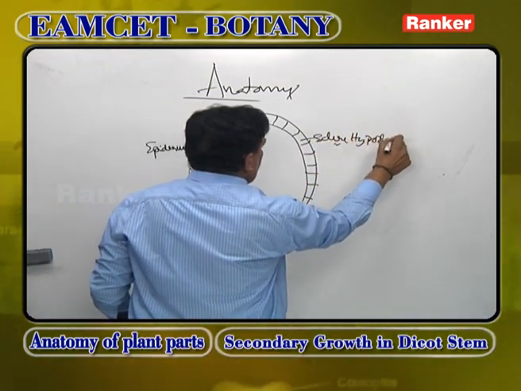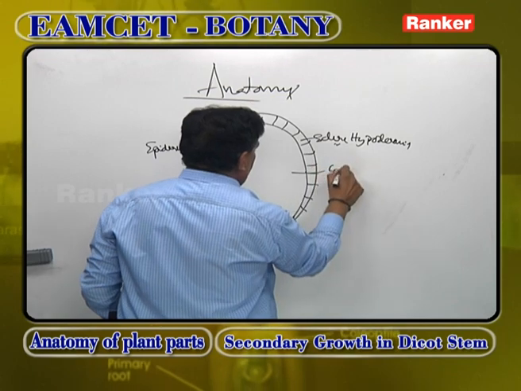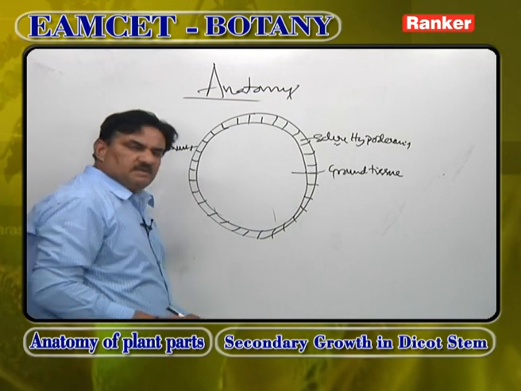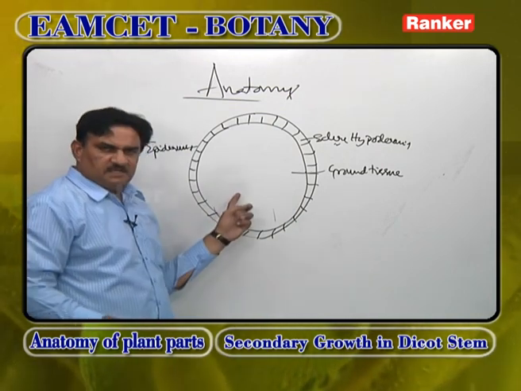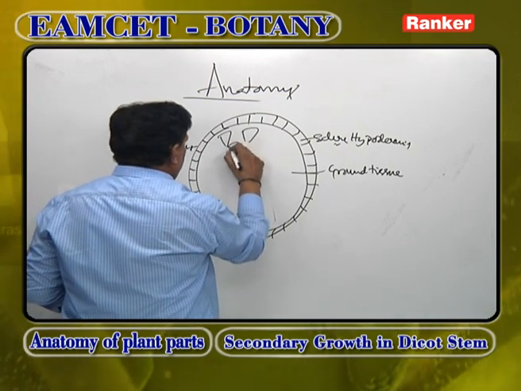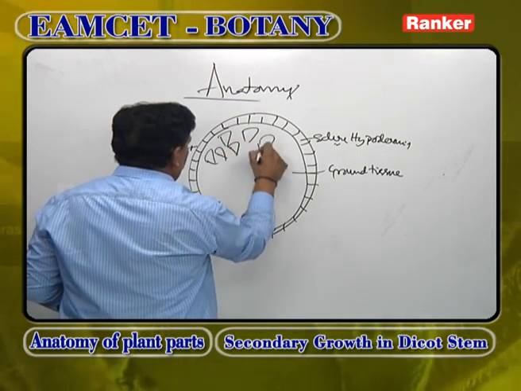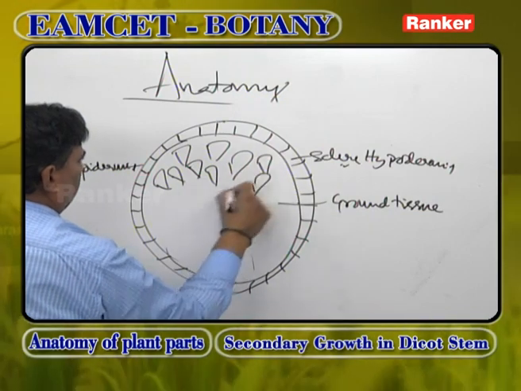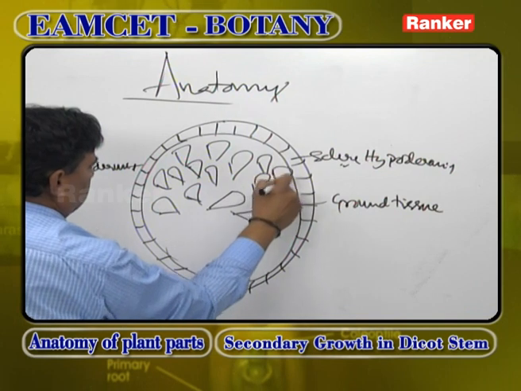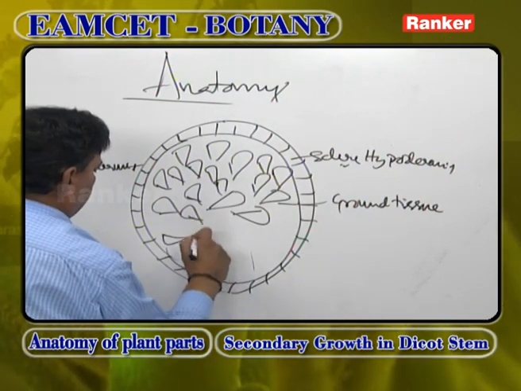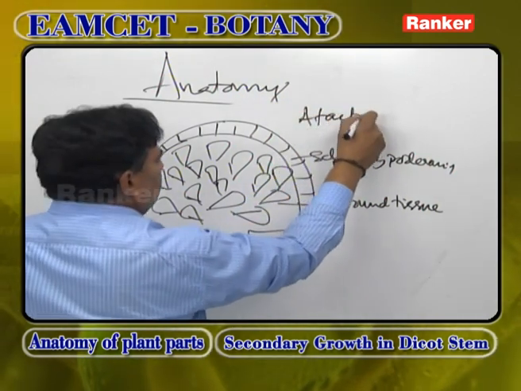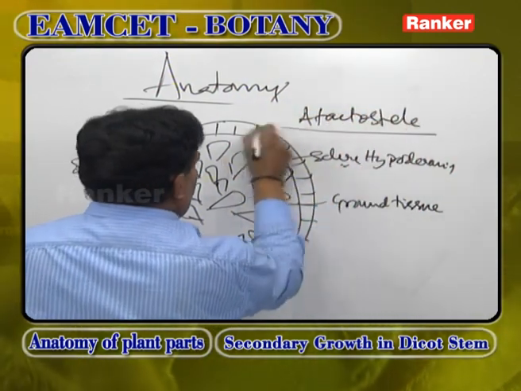The total inner portion is filled with parenchymatous ground tissue, with no general cortex, endodermis, pericycle or medulla. In the ground tissue, numerous vascular bundles are irregularly scattered. The peripheral vascular bundles are large in size and the central vascular bundles are small. Numerous scattered vascular bundles is popularly called atactostele.